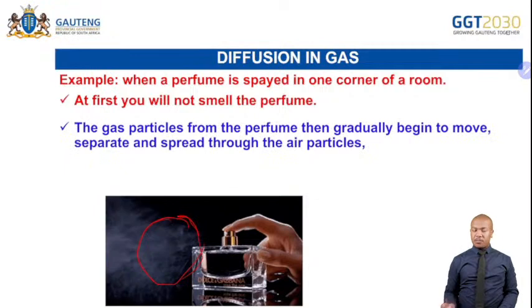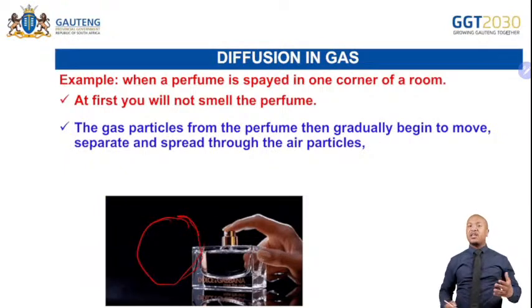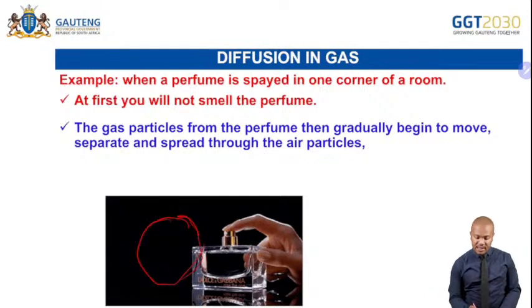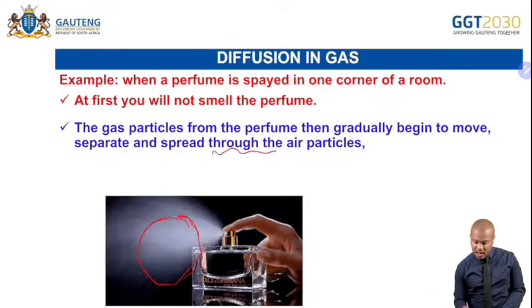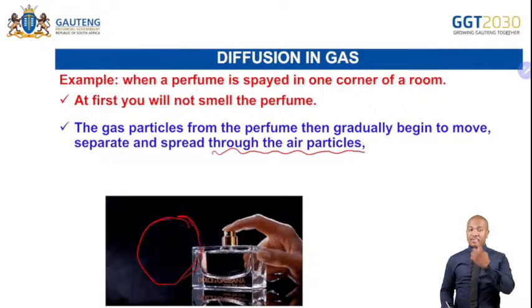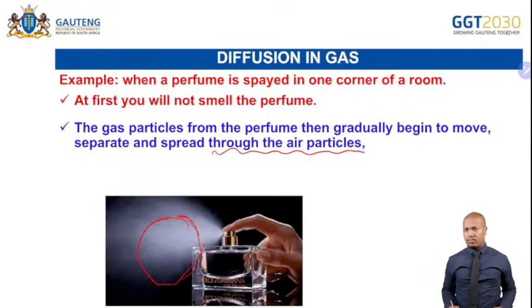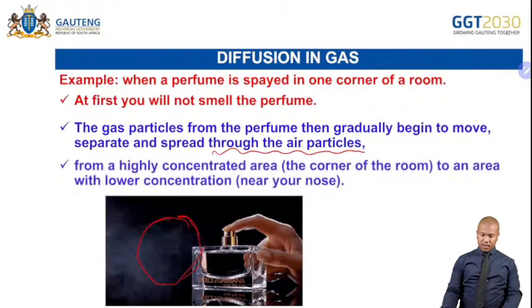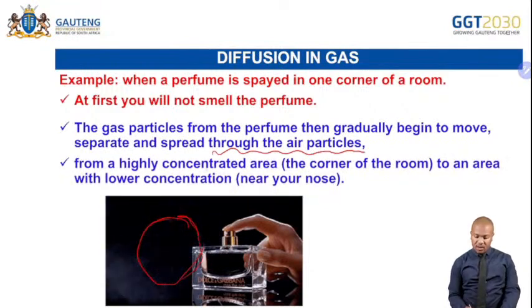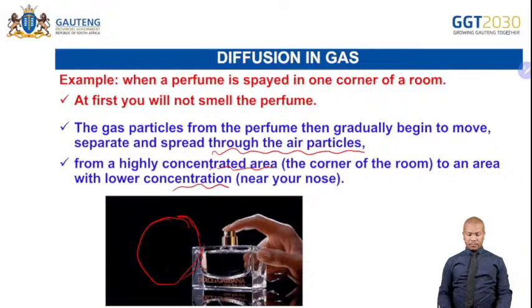So at first you will not smell the perfume, then the gas particles from the perfume gradually begin to move and separate so that you can have the particles all around the space. So now, from that small corner of your room to the whole house, right? Or the whole room. So now it moves from a highly concentrated area to an area of low concentration.